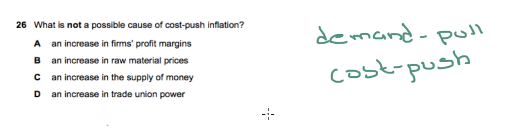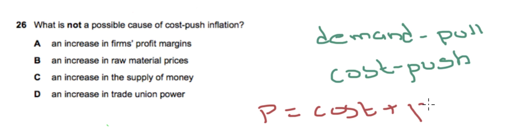So final price is equal to cost plus profit. And because profit is a component of the price, an increase in the profit margin would also lead to an increase in cost push inflation. So this is wrong.